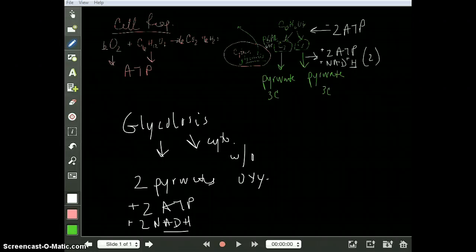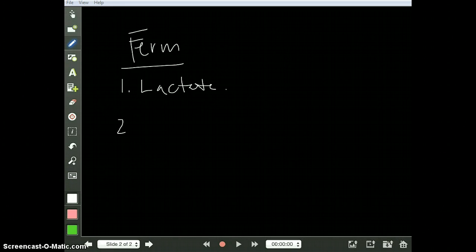I can talk about the process of still creating that energy in the cytosol. If there is no oxygen present, I go into a fermentation cycle. That fermentation can be one of two things: lactic acid fermentation, or number 2, ethanol.